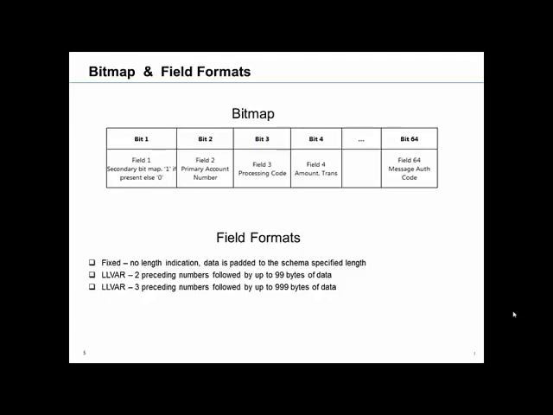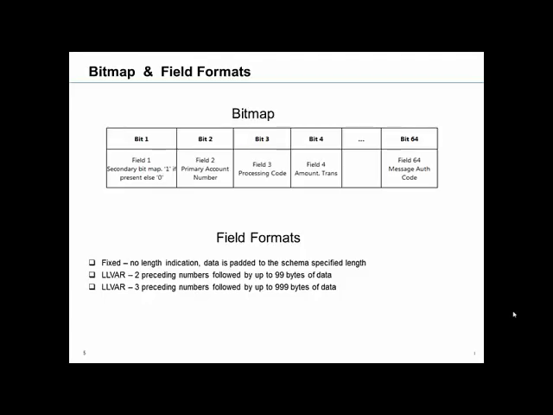Each application transaction includes one bitmap. A bitmap consists of 64 bits numbered starting from the left with bit 1. The first bit of the bitmap represents a secondary bitmap. If any ISO message does not support secondary bitmap processing, then the first bit of the bitmap is 0.